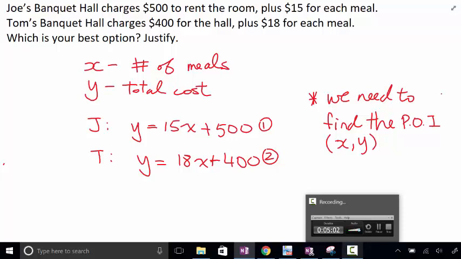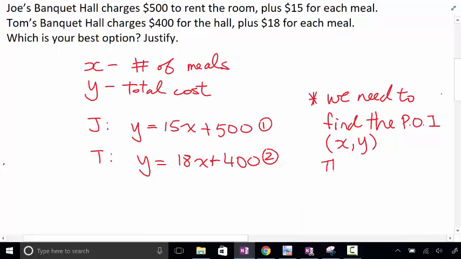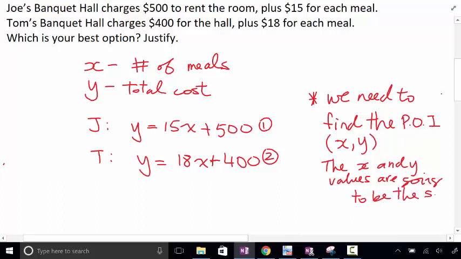This X is the same as this x. This y is going to be the same as this y for the point of intersection. These two x's are the same, these two y's are the same. Let's write that down. The x and y values are going to be the same for both equations.